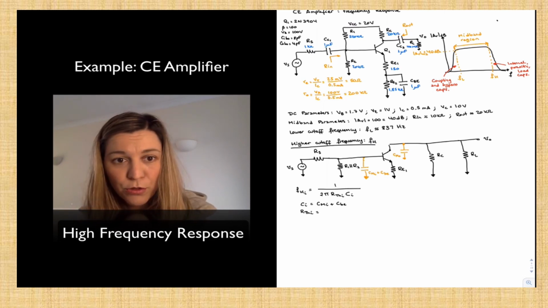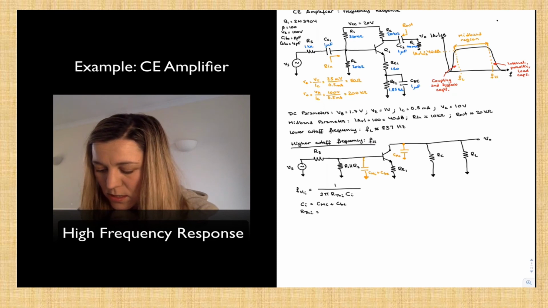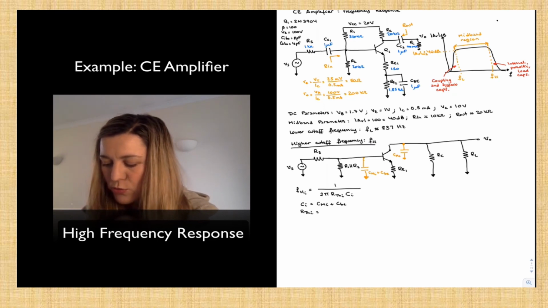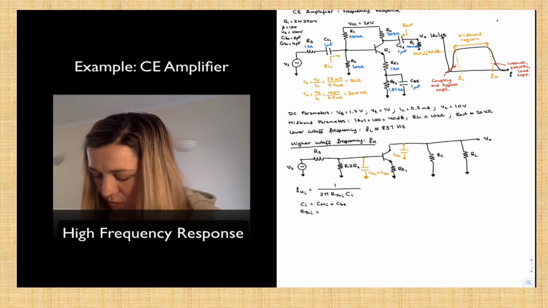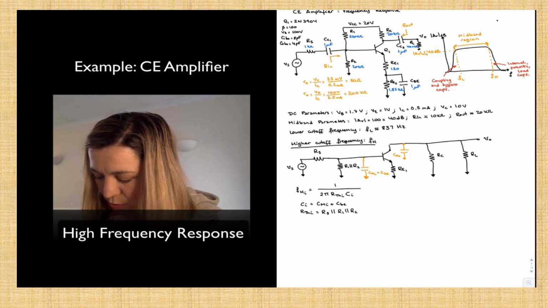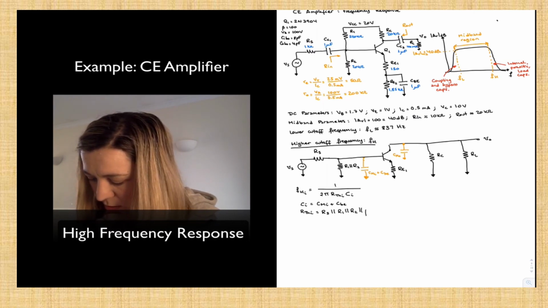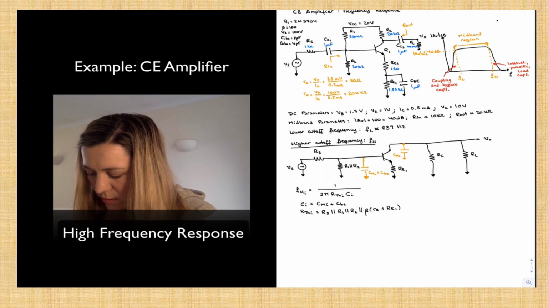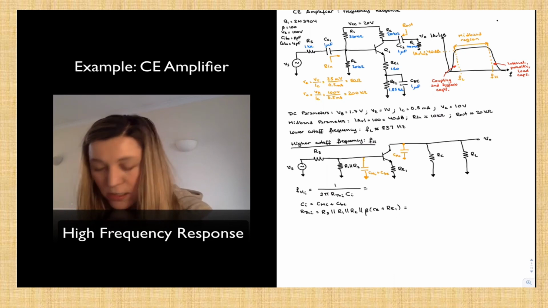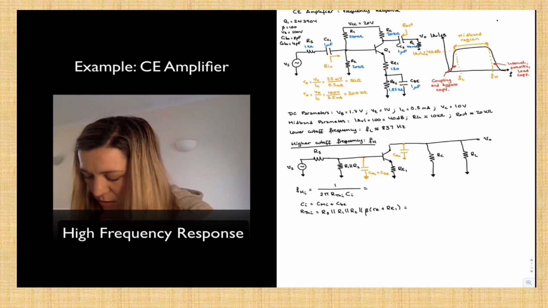Again, we're going to short out VS, and so that will be RS to ground in parallel with R1, in parallel with R2, in parallel with beta times little re plus RE1. I'm going to calculate that value separately.